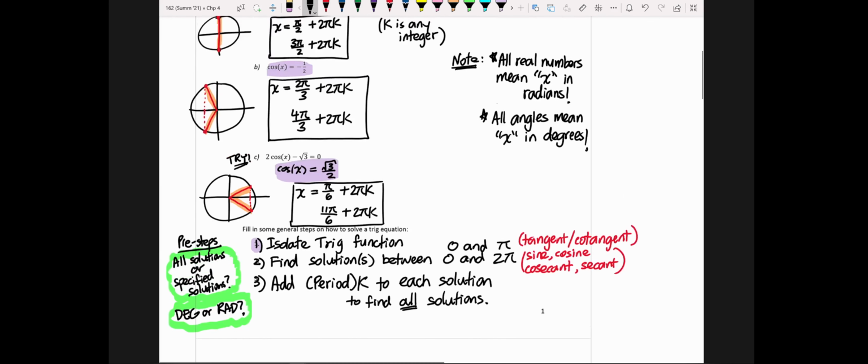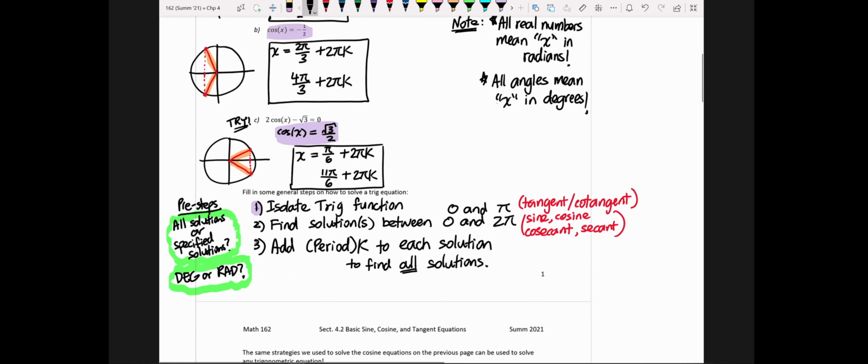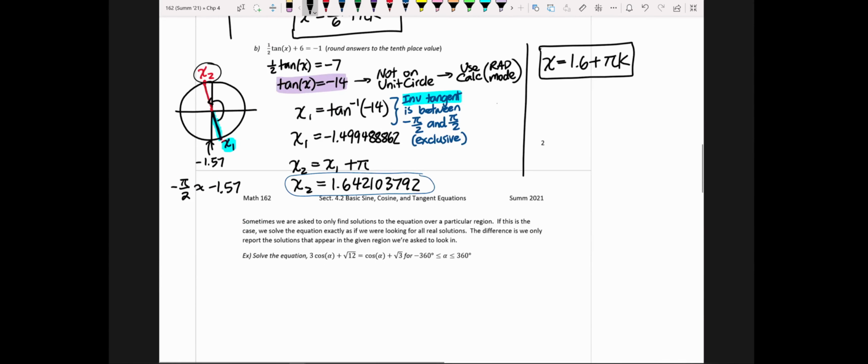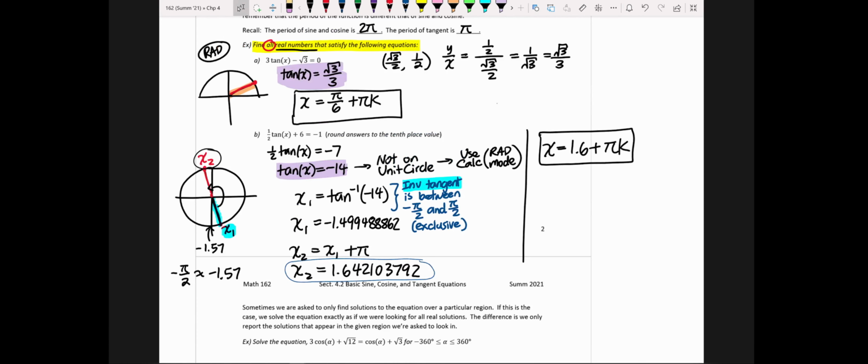We end up having plus 2 pi k or plus pi k. So that means we have all solutions. In step 2, we need to find the solutions either between 0 and 2 pi or between 0 and pi. But once we complete step 3, that gives us all solutions.